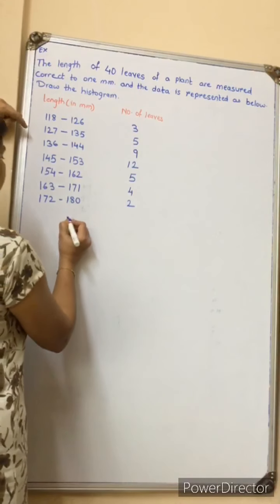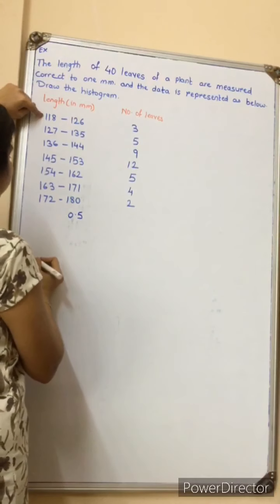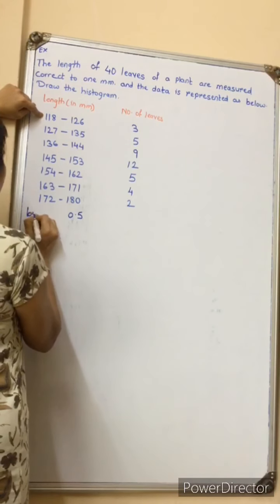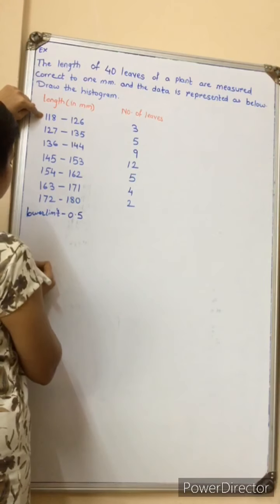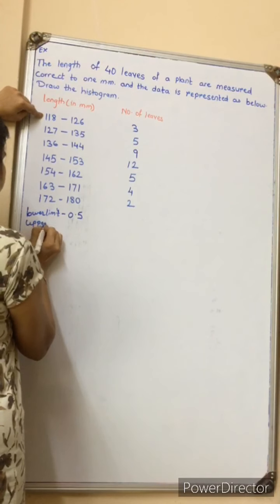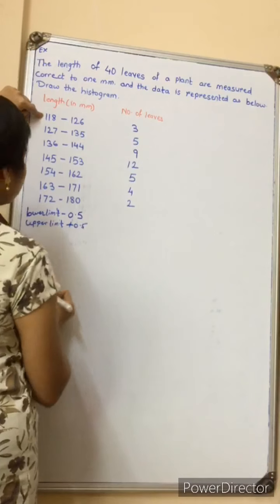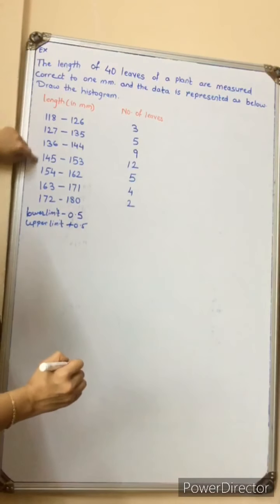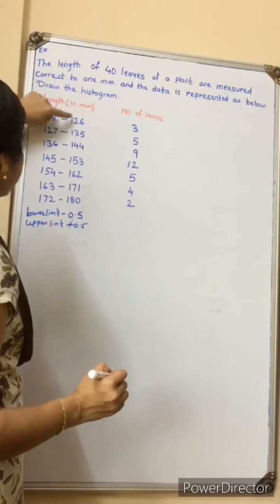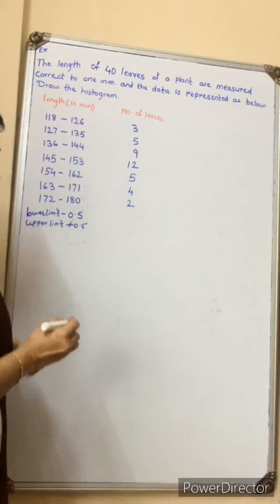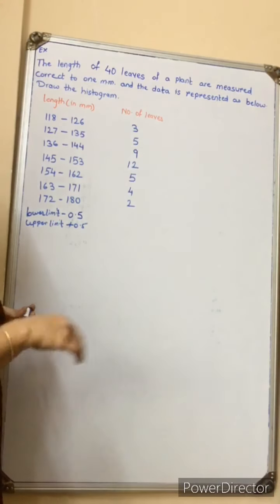By taking its half, we have 0.5. So from the lower limit we subtract 0.5, and to the upper limit we add 0.5. Okay. By subtracting 0.5 from the lower limit and adding 0.5 to the upper limit, we get the continuous classes.